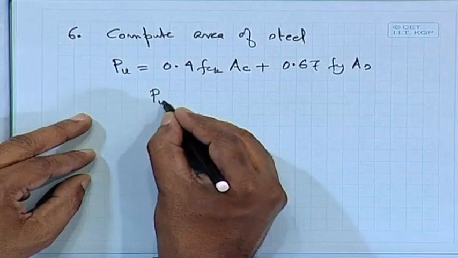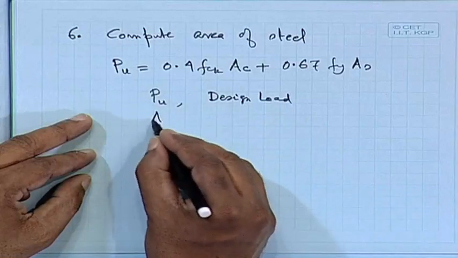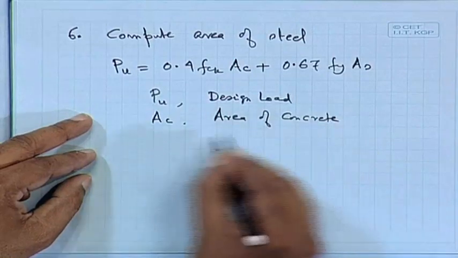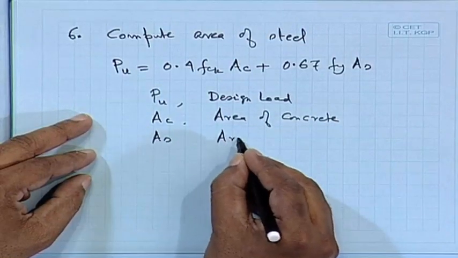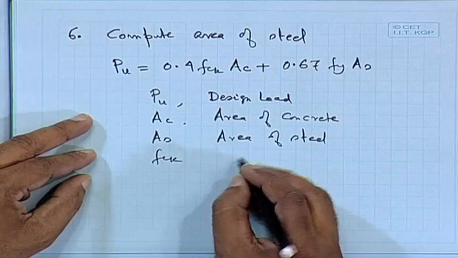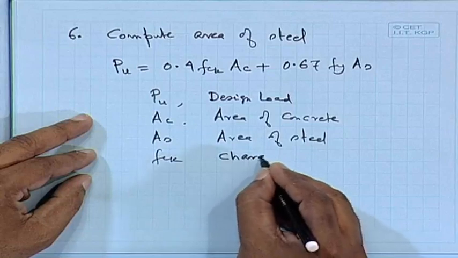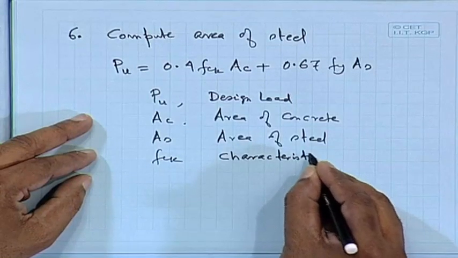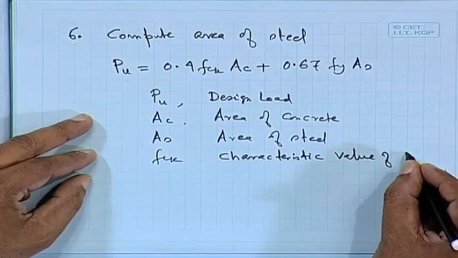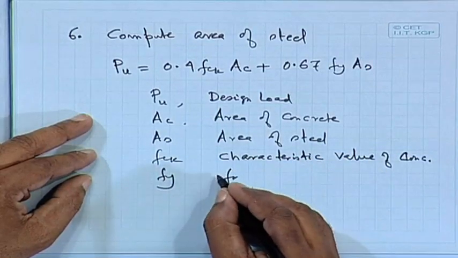Let us write down: Pu is the design load, Ac is the area of concrete, As is the area of steel, fck is the characteristic value of concrete, and fy is for steel.